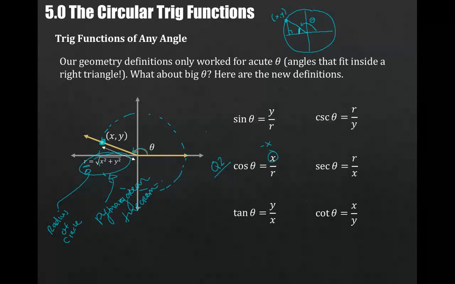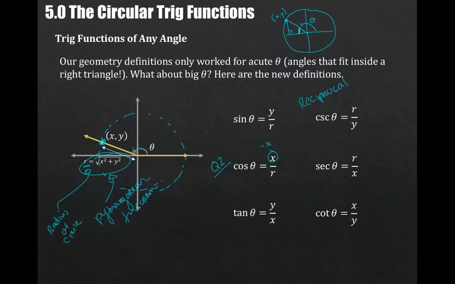And then that allows us to find the reciprocal trig functions. So cosecant is going to be the radius over Y. The secant is going to be the radius over X, and cotangent would be X over Y. And that would work in any quadrant, right?